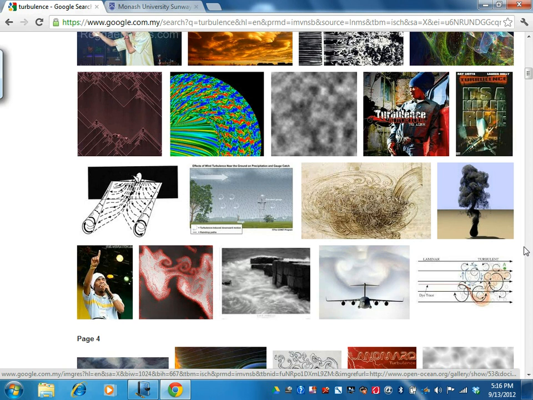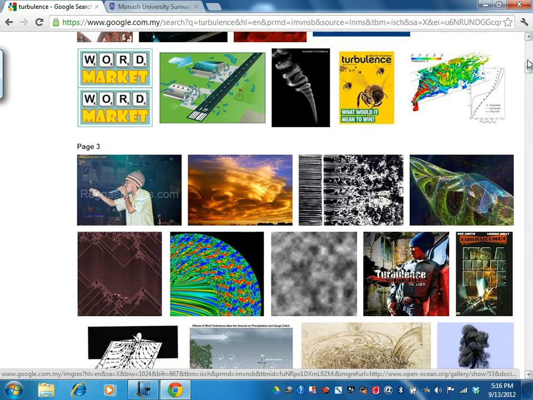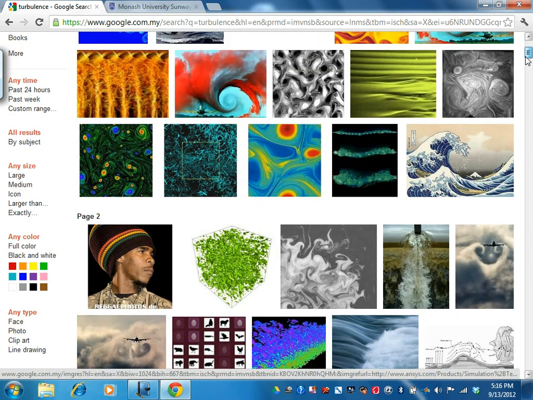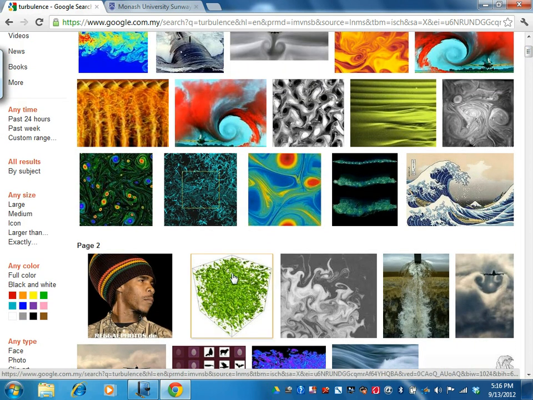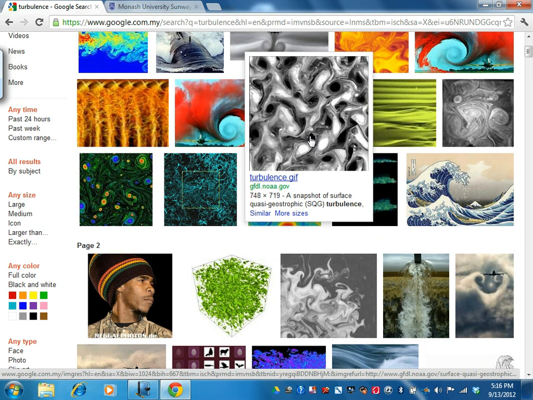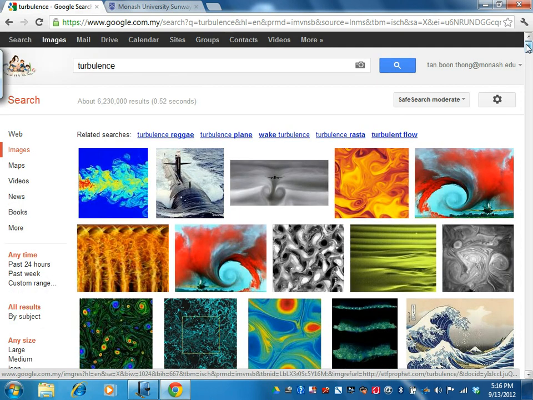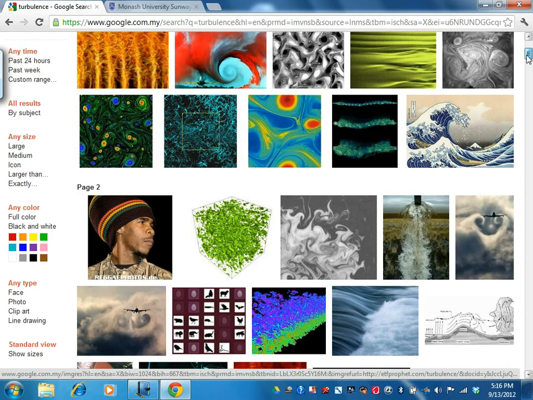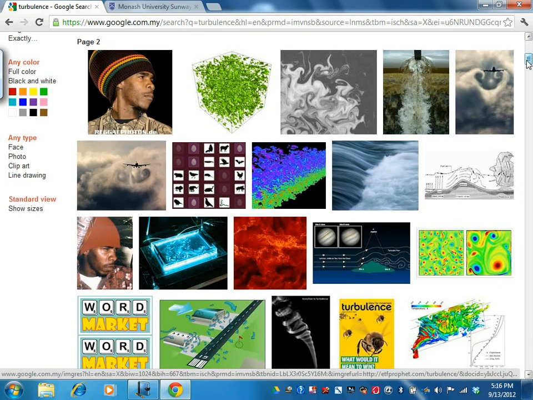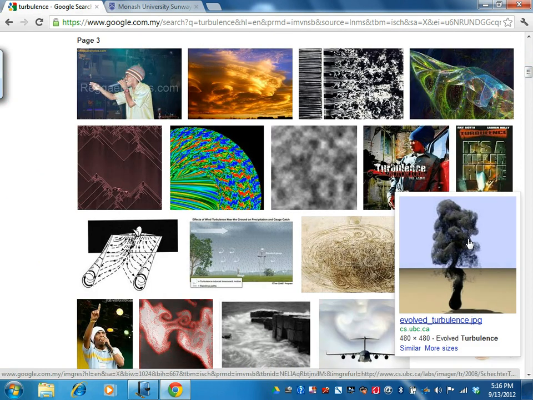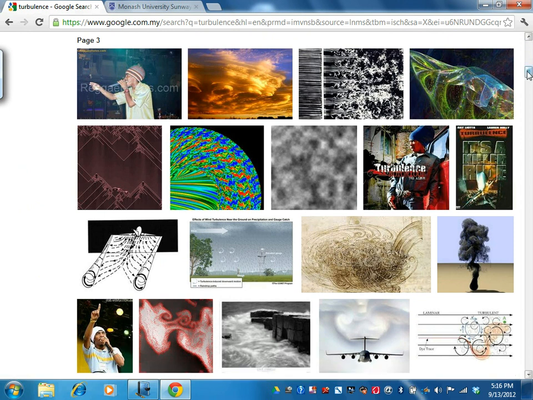If you see a picture like this, these are simulations, you get a lot of disturbance. If you see smoke rising up like this, that one is turbulent. I thought there was a picture not so turbulent, maybe down here.